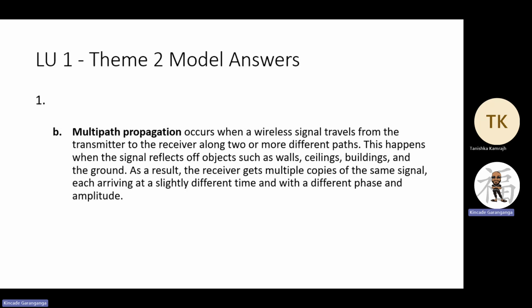This is often because the direct signal from your phone to the speaker is interfering with a reflected signal. So this is important to remember when there's a drop in connection, or a drop in the quality of sound coming from this particular speaker.